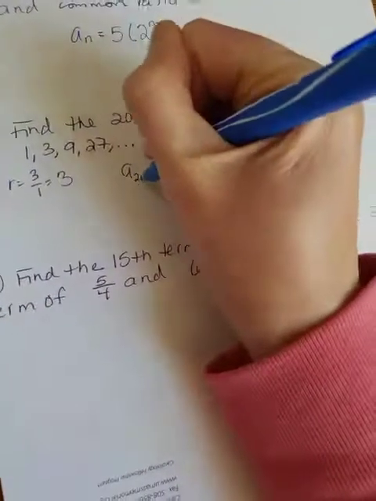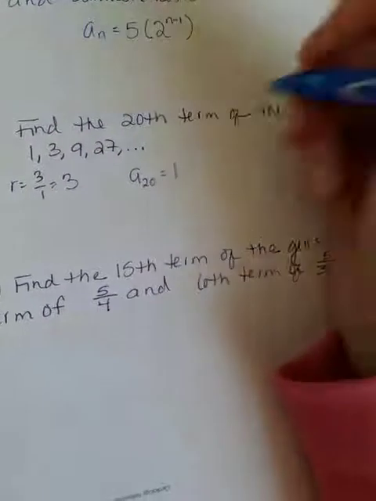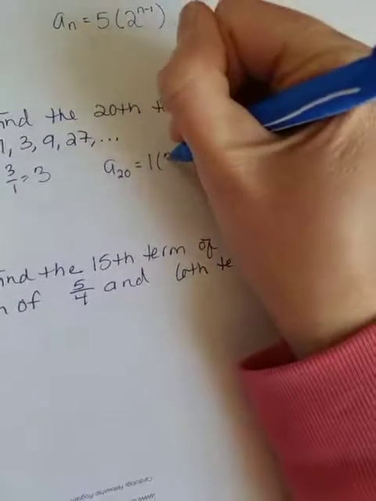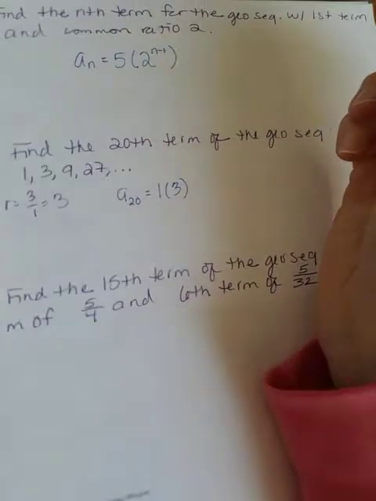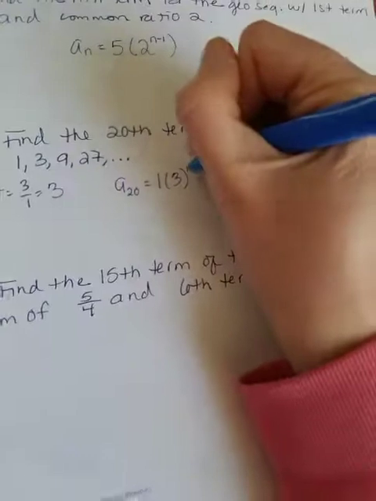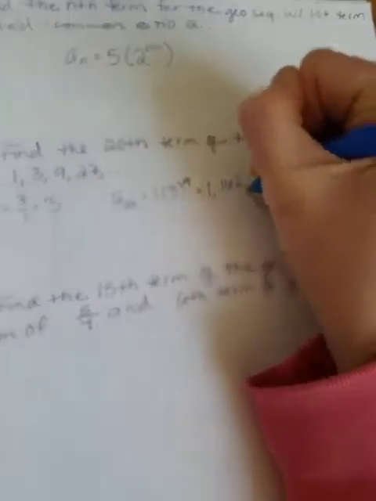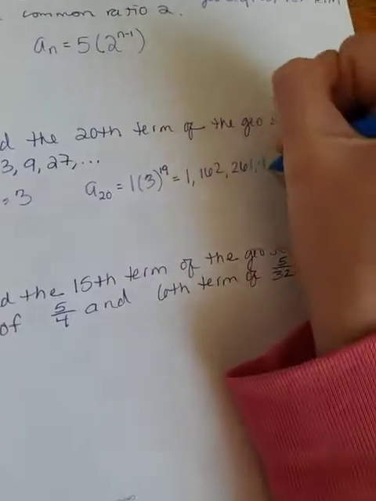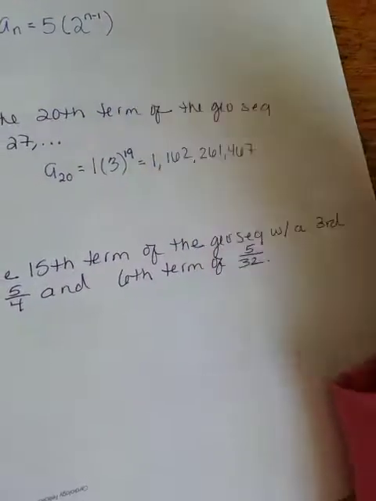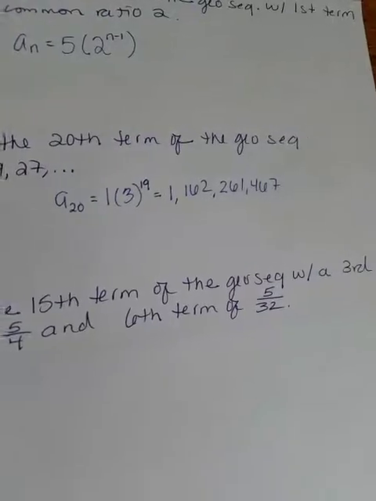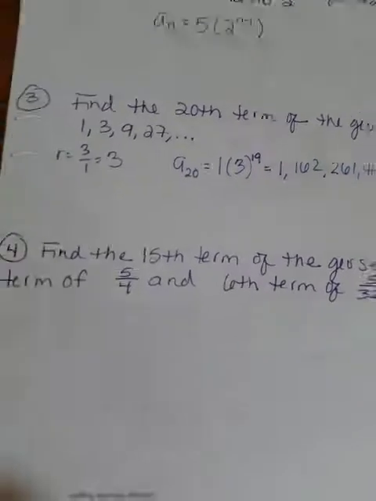So a sub 20: I take my first term, which is 1, and then I take my R, which is 3, and I raise it to the n minus 1. In this case, n is 20, so it's to the 19th. And you will get this number here. Let me write it. So you'll get 1,162,261,467. Boy.